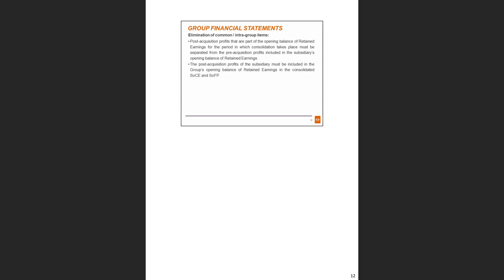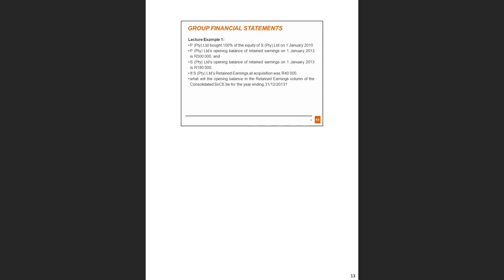So then you might ask yourself, what happens to the post-acquisition profits? These are going to be included in the opening balance of the retained earnings in the consolidated statement of changes in equity and statement of financial position. Okay, let's go to the next slide. We should be getting to some examples soon, and this will help us understand all of these words.